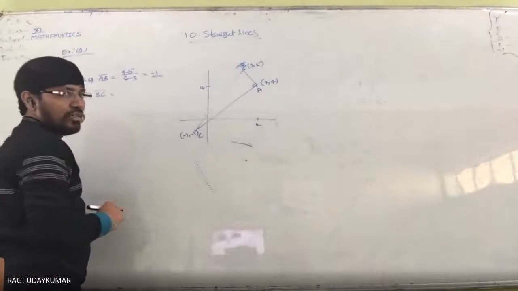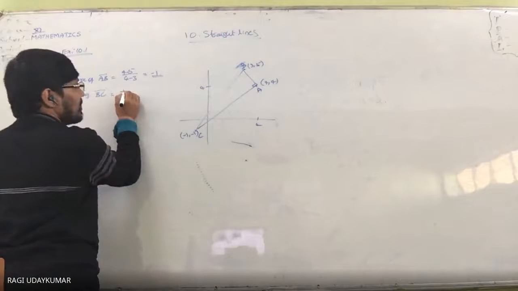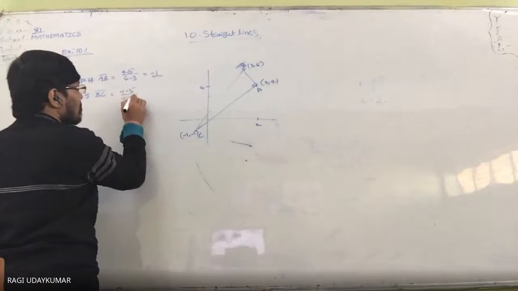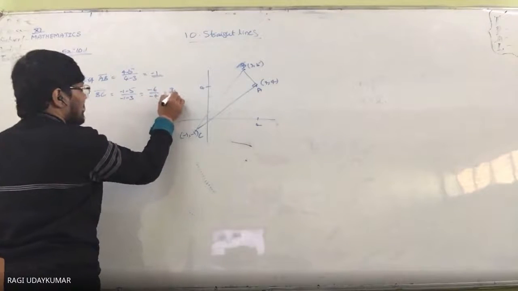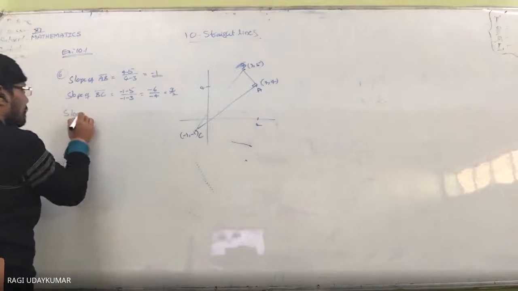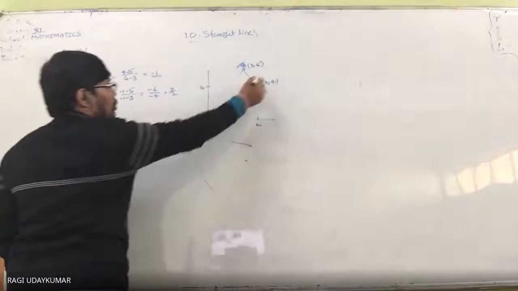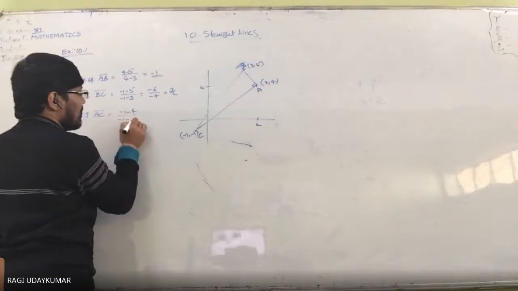C's y coordinate is minus 1, minus 1 minus the y coordinate 3, you are going to get minus 6 by minus 4, so it is nothing but 3 by 2. Slope of AC: find the line slope. So minus 1 minus 4 by minus 1 minus 4.